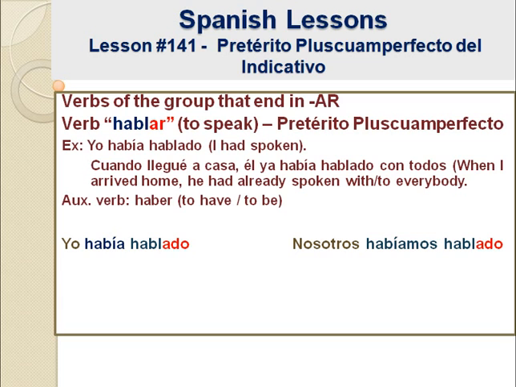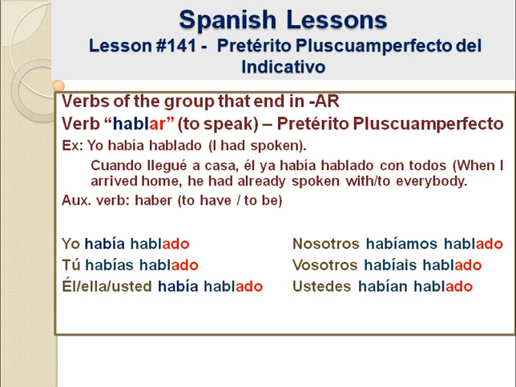And the same as in English, what changes from conjugating one subject pronoun to another is the auxiliary verb. And the verb to speak or hablar remains the same for all the different persons.